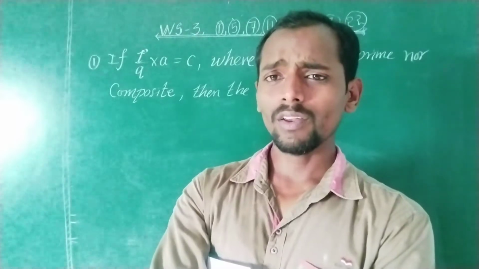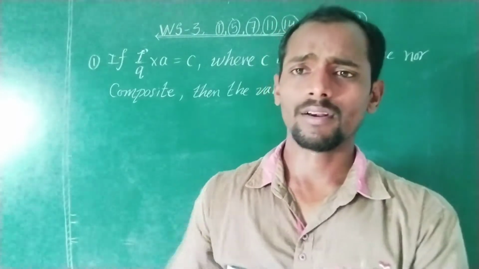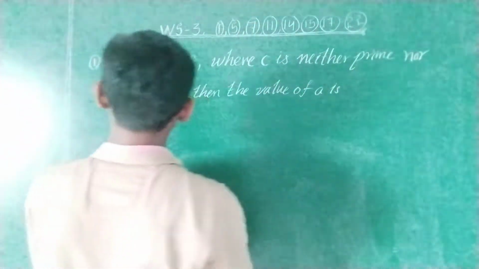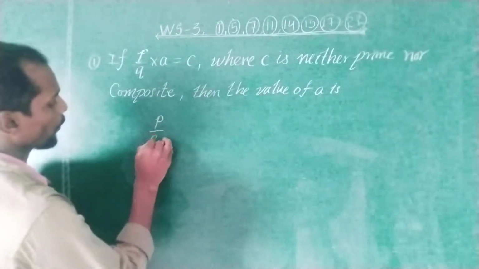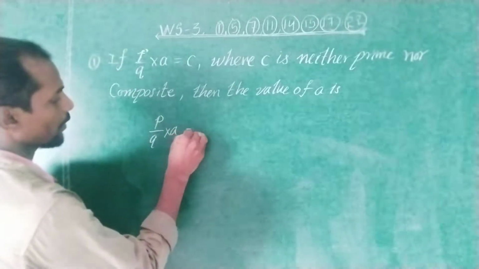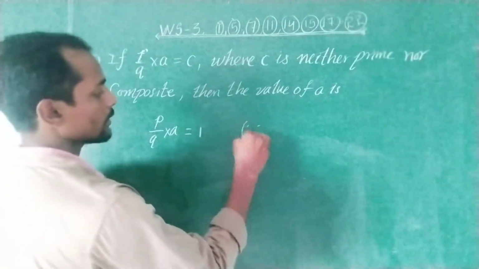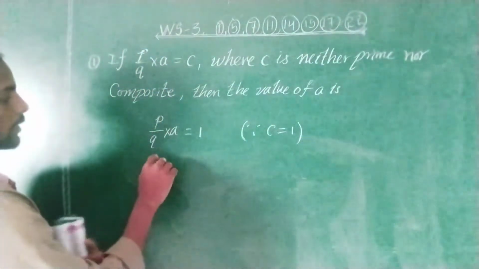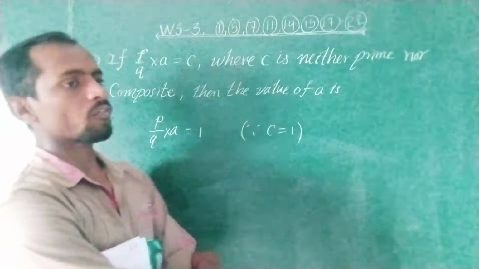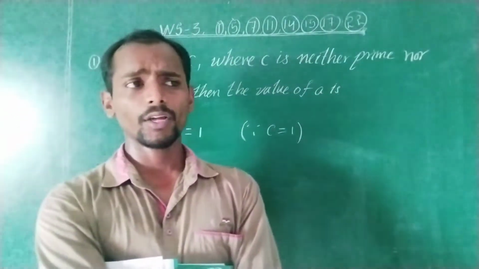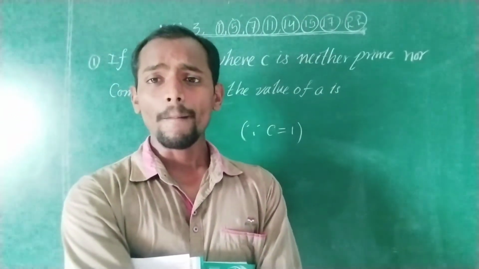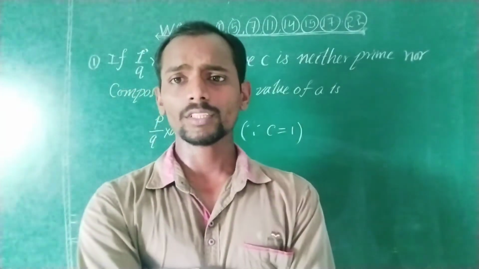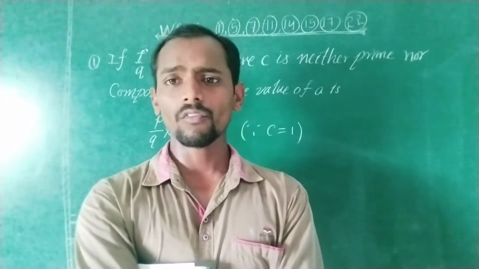So here the given value is C equal to 1. The product of the two rational numbers, P by Q into A, equals 1, because C equals 1, which is neither prime nor composite. When the product of two rational numbers is 1, the two rational numbers are multiplicative inverses of each other, also known as reciprocals.